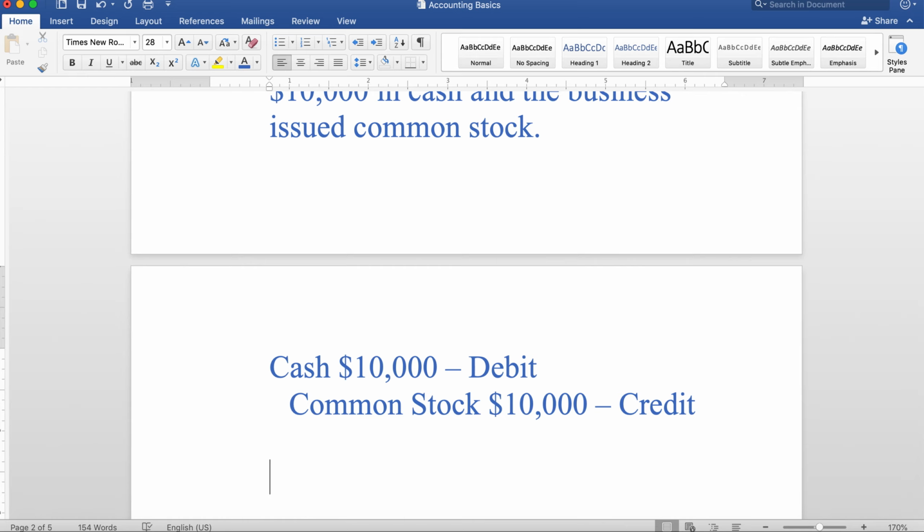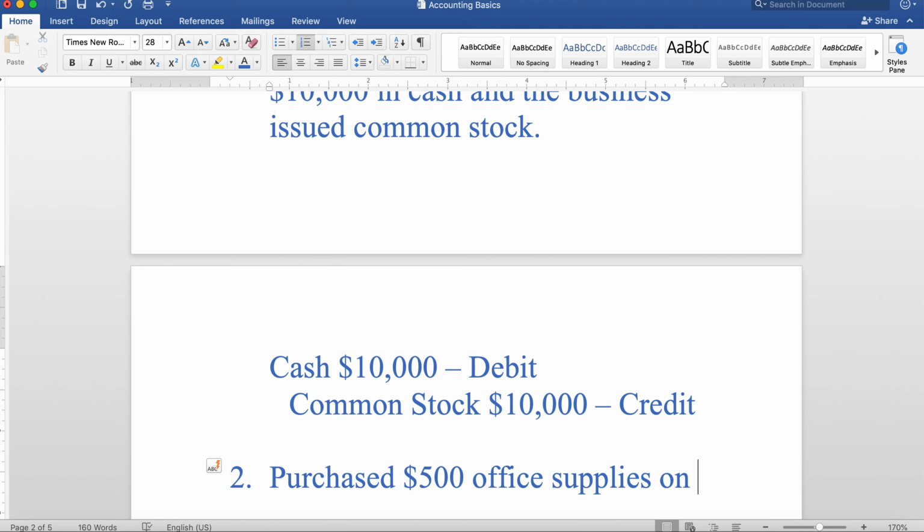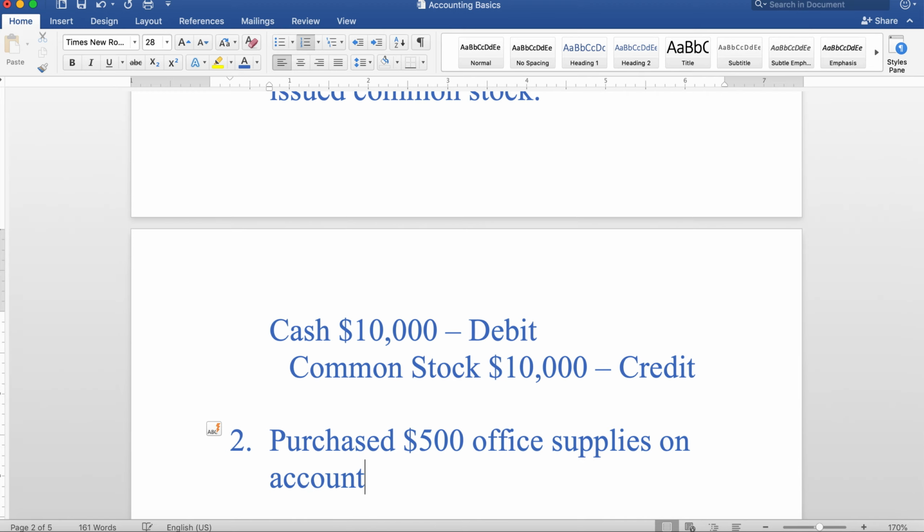Next example, to identify debit and credit: purchase $500 worth of office supplies on account.